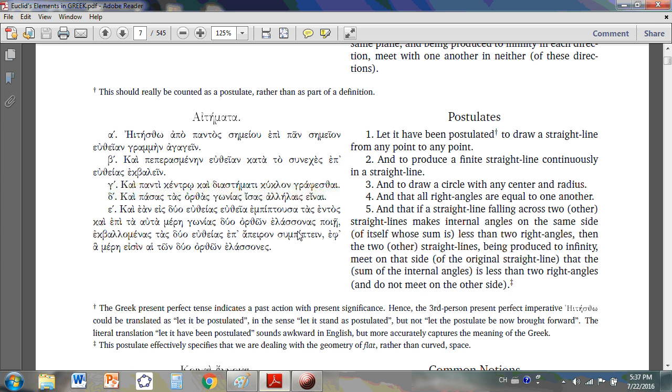What that means is that you can produce a straight line from any point to any other point. It doesn't actually even say anything about draw, and this is not a correct translation. You could argue that they are the same thing, but they're not really the same thing. Let me explain why it's wrong to say draw as opposed to produce.